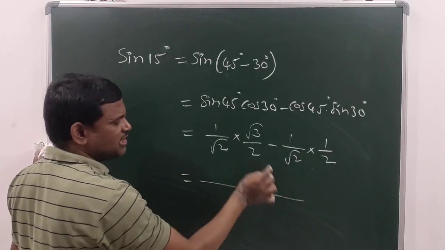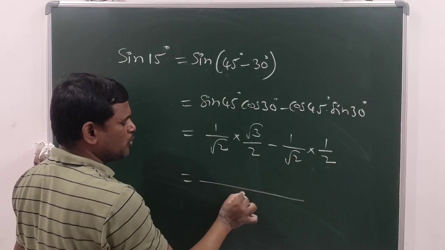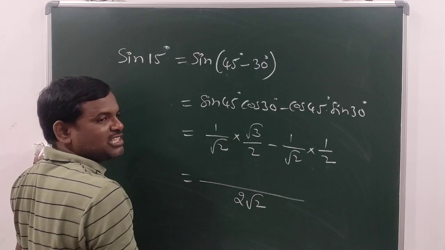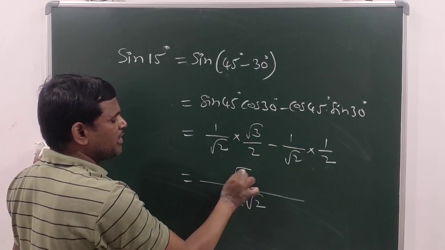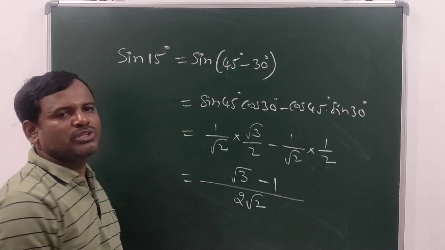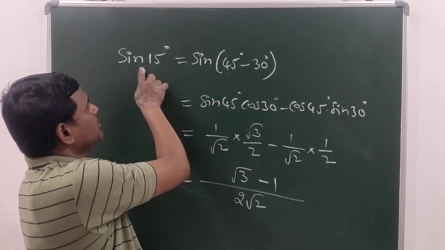Now what is the LCM? Here 2 root 2, here 2 root 2. The LCM is same, so directly you can add the numerators: root 3 minus 1 by 2 root 2.